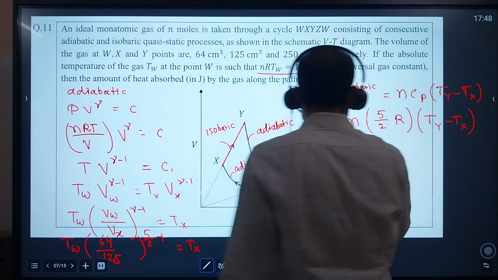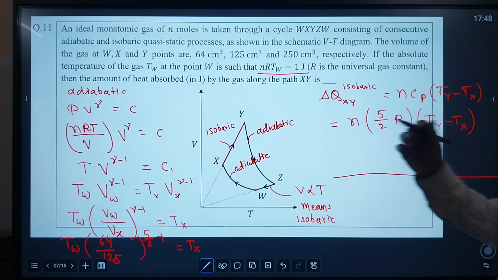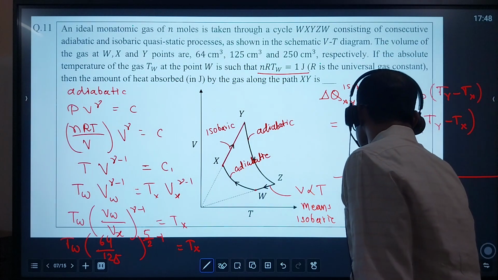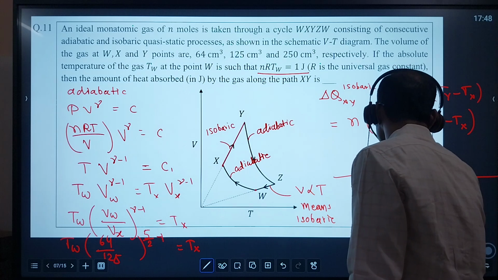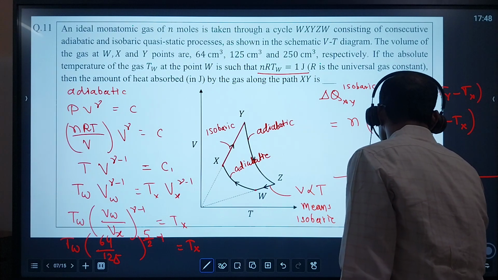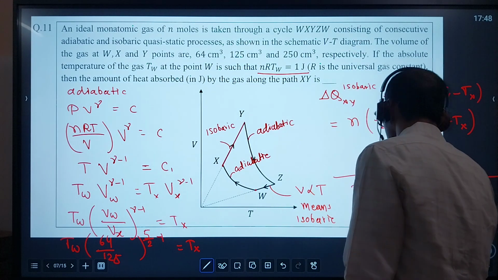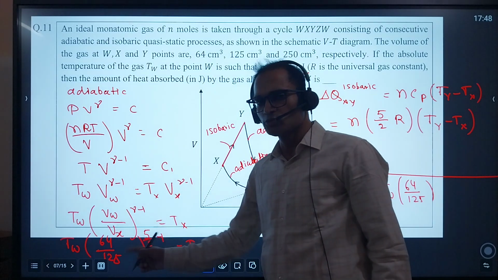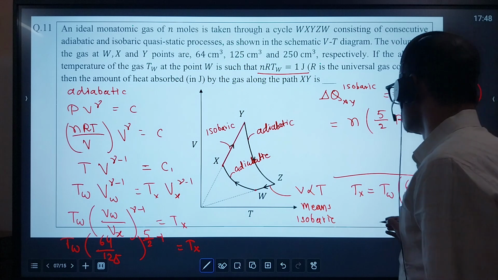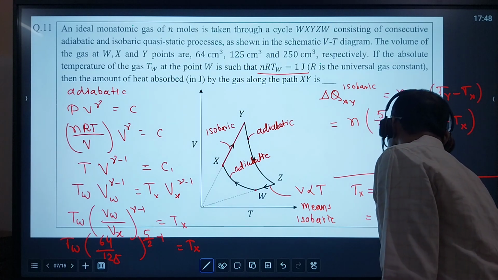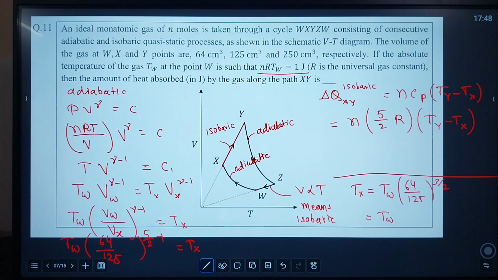So it looks like I can complete the problem here on the first page. So Tx is Tw times 64 by 125 to the power of 5 by 2 minus 1, which is 3 by 2.